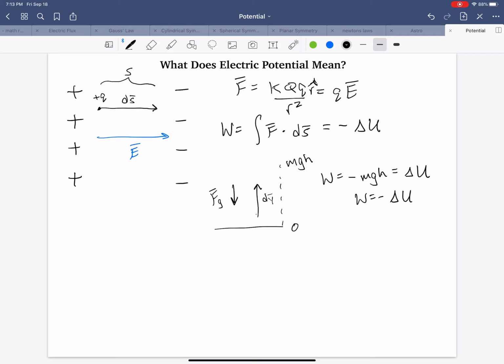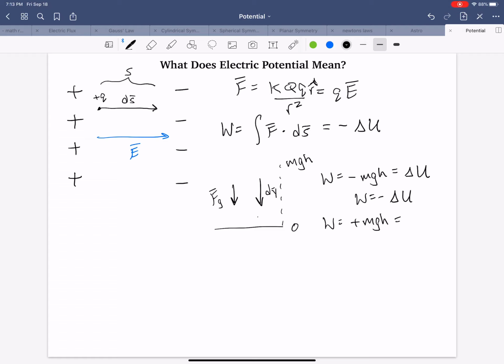And if you move the ball down, starting at a height up here and going down to a height of 0, in that case, it's slightly different. In this case, the displacement is down, and so now the work is in the same direction. So we have positive force times the distance of h.